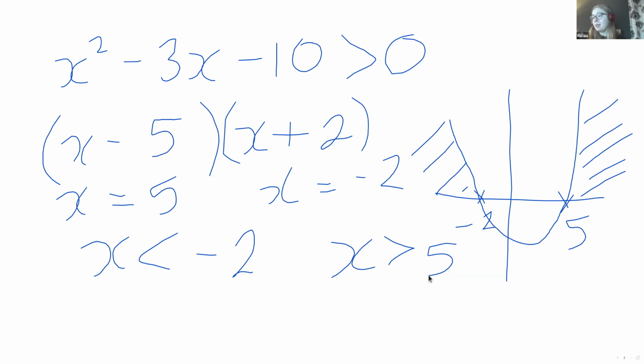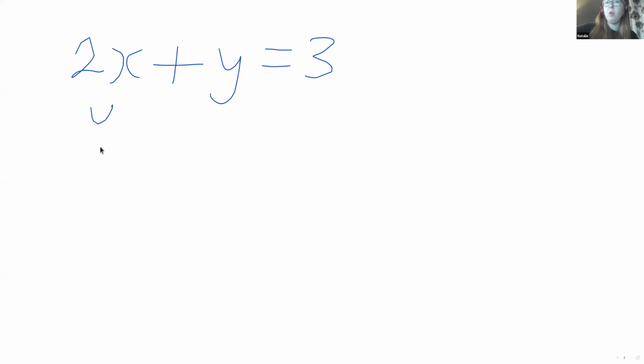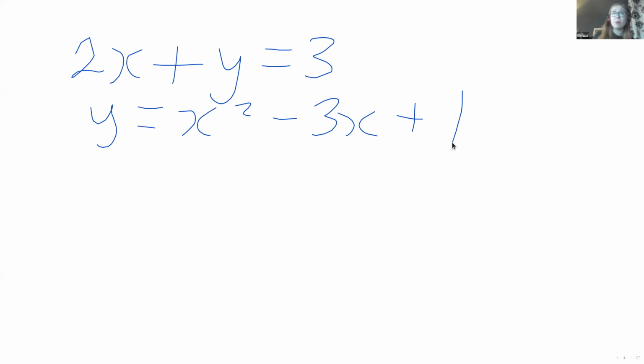So when lines intersect, if I have two graphs that intersect, for example, 2x plus y is equal to 3, that's one graph, and y is equal to x squared minus 3x plus 1. These are just simultaneous equations, right?